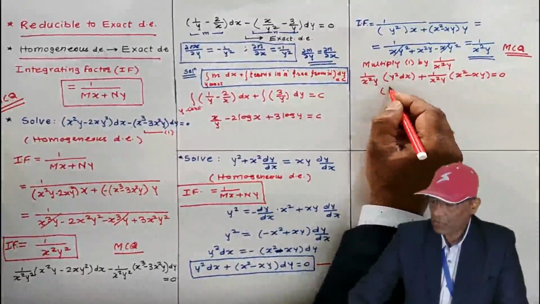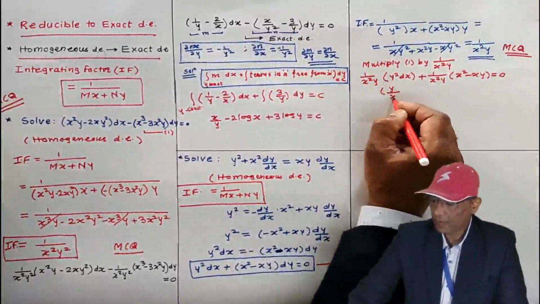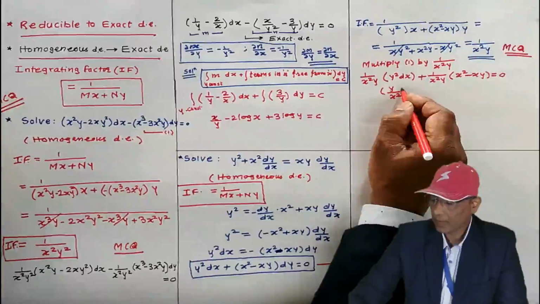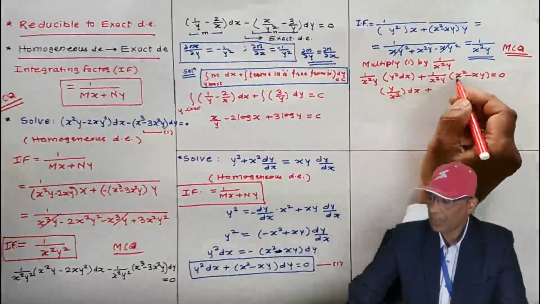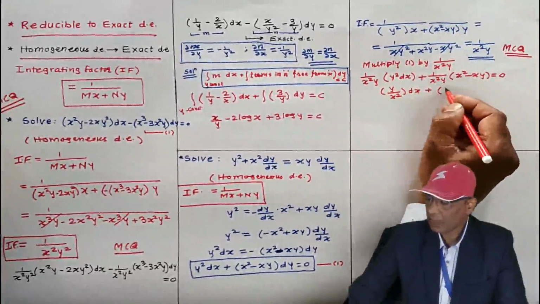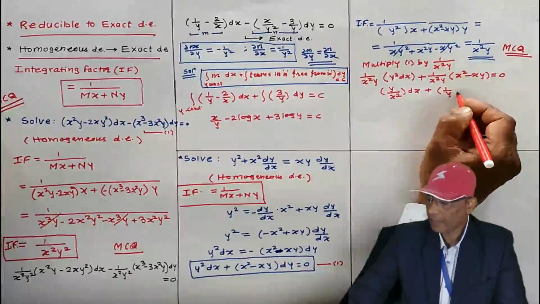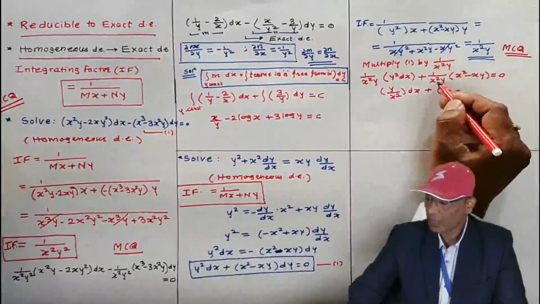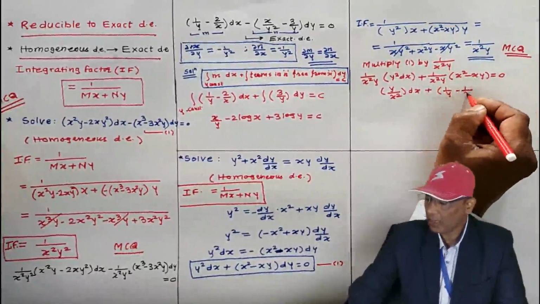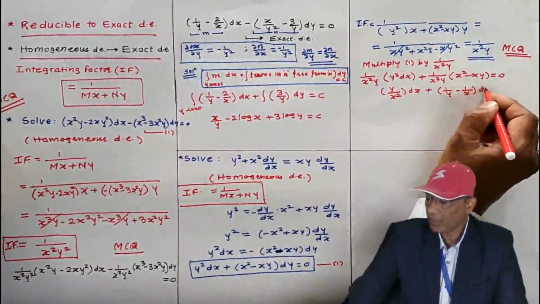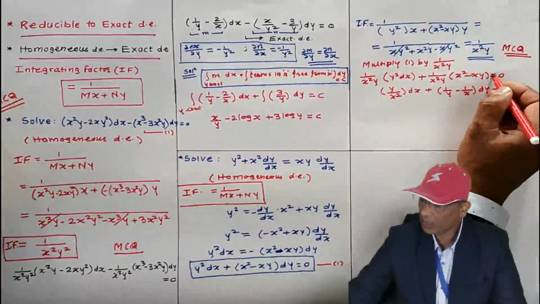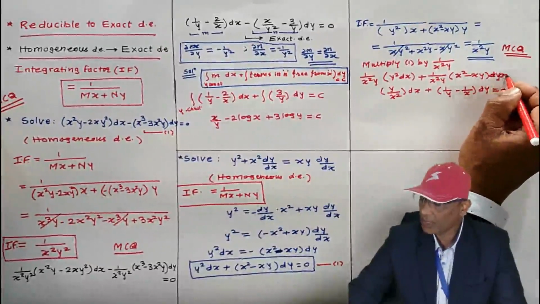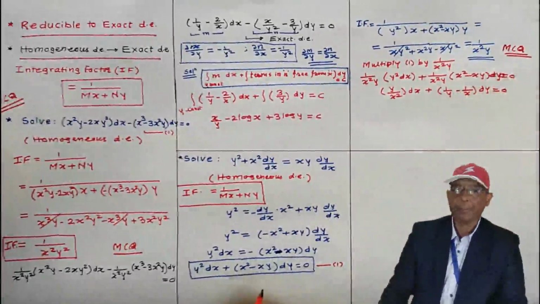Y square by y is y by x square dx plus, x square gets cancelled here after multiplication, 1 by y minus xy by x square y is what? Dy is equal to 0.